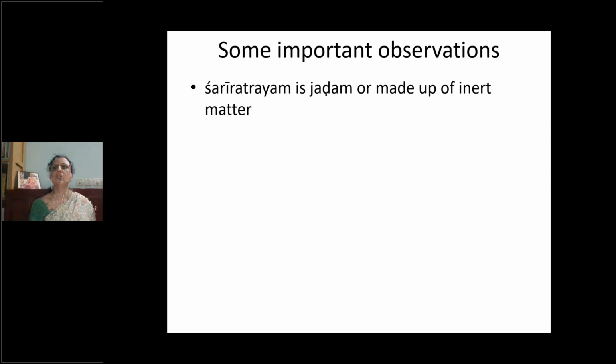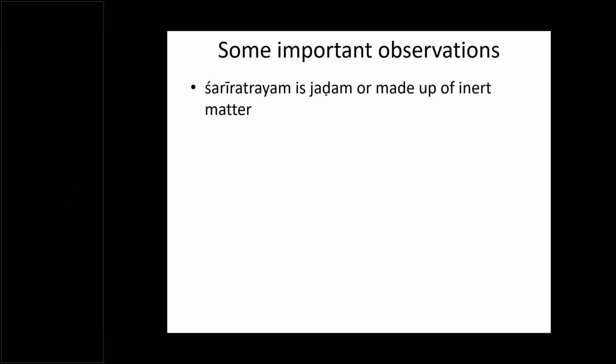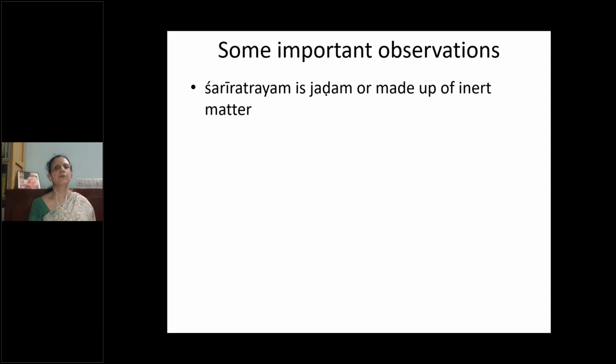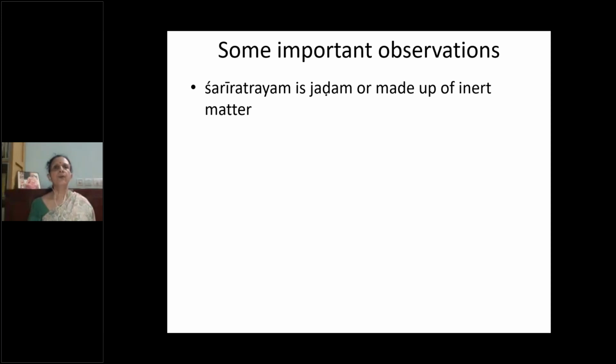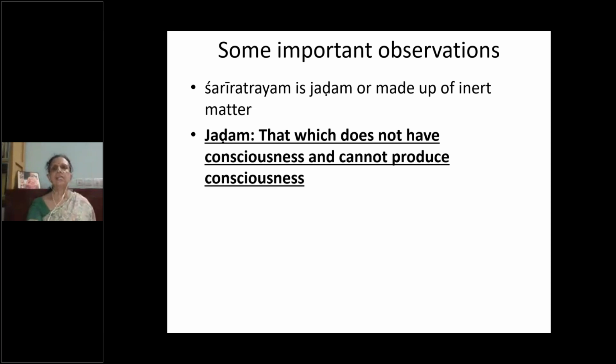Both are important, right? In Sanskritam, we say it is neither Chaitanya Gunakam nor Chaitanya Janakam. So it is neither having consciousness of its own nor can it produce consciousness. Now this is the biggest difference. Shastras strongly believe that the Shariratrayam, which is jadam, cannot produce consciousness. Science may think otherwise, right? Now, since Shariratrayam is jadam or material in nature, it doesn't have consciousness, right?